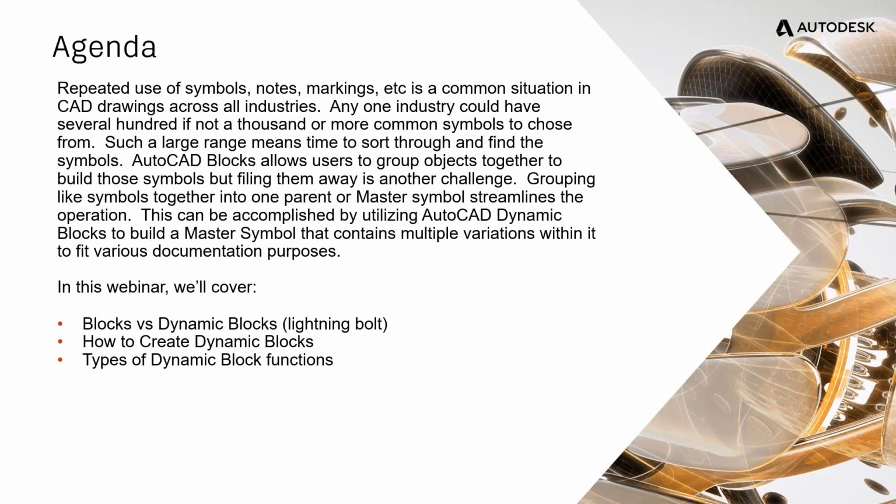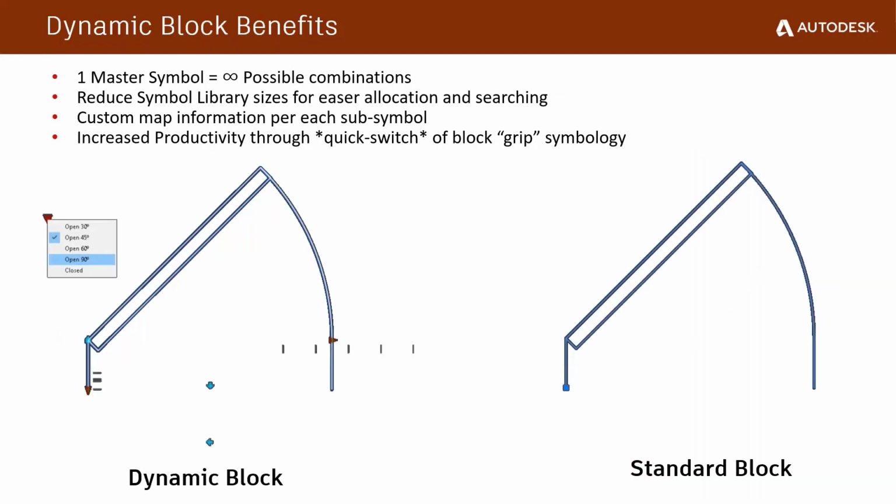And dynamic blocks allow you to add more functionality than just that one static symbol. So we're going to look at basic blocks versus dynamic blocks, what those differences are. We're going to look at the process on how to create some of the dynamic blocks, and we're going to look at the different type of dynamic block functions.